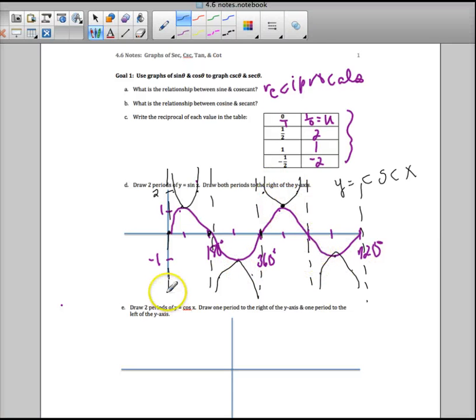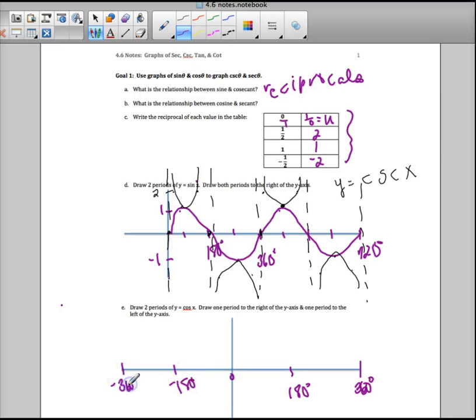Okay, let's do the same thing for example E. Draw 2 periods of cosine. This time it says draw 1 period to the right and the left, just to practice moving in different directions. So we have 360, 180, 0, negative 180 degrees, and negative 360 degrees.